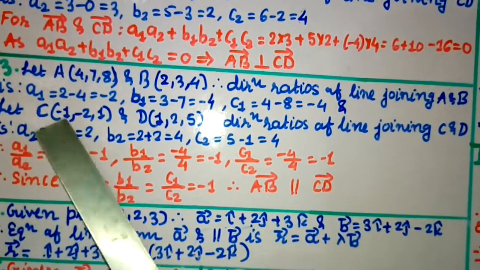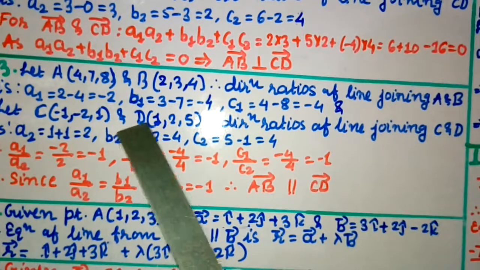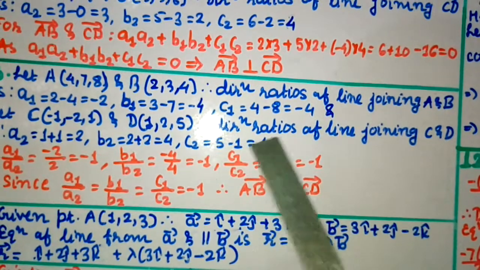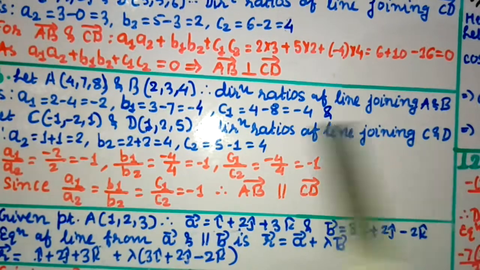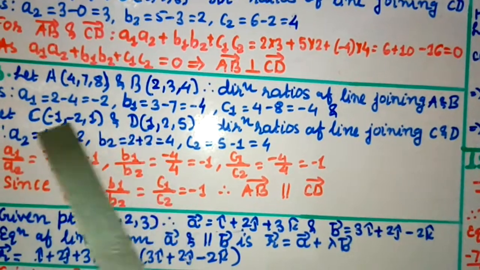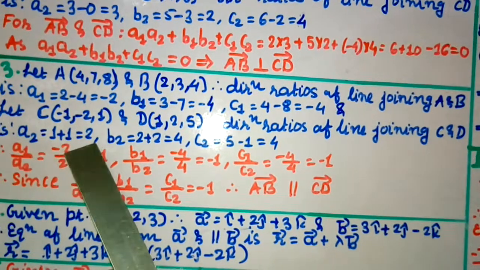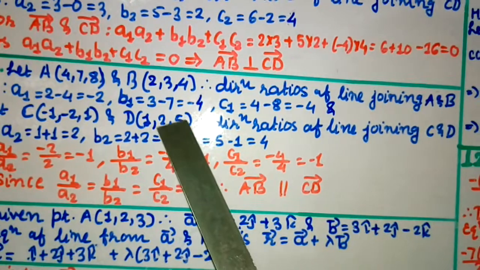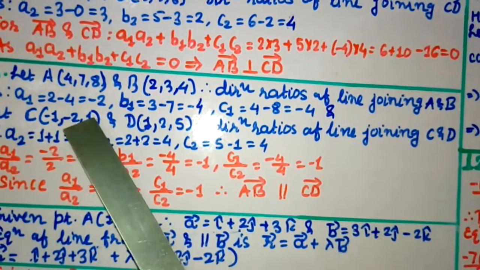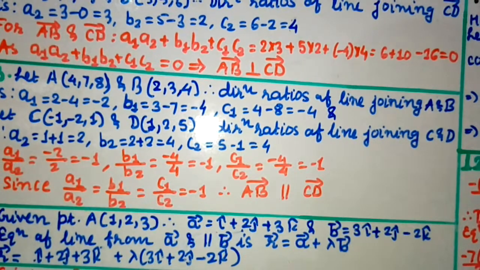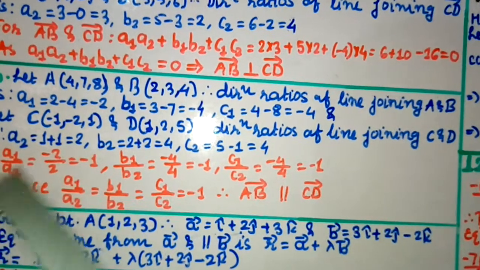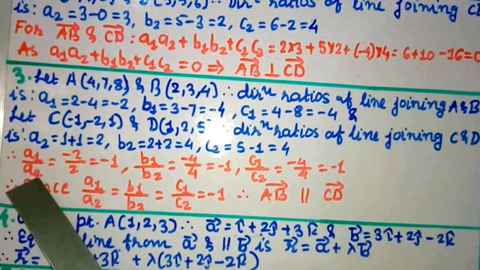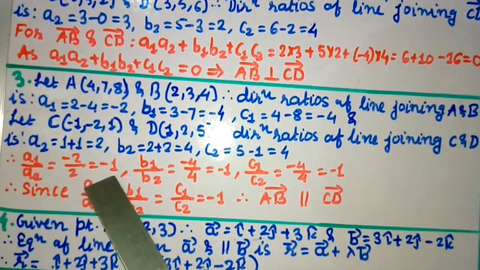And C is (-1, -2, 1), D is (1, 2, 5). Therefore the direction ratios of the line joining C and D are a2 = 1 plus 1, which gives you 2, b2 = 2 plus 2, which gives you 4, and c2 = 5 minus 1, that gives you 4. Now here we shall check the ratios. a1 by a2 is -2 by 2, which gives you -1.